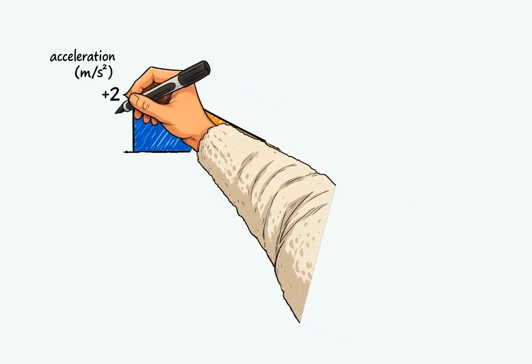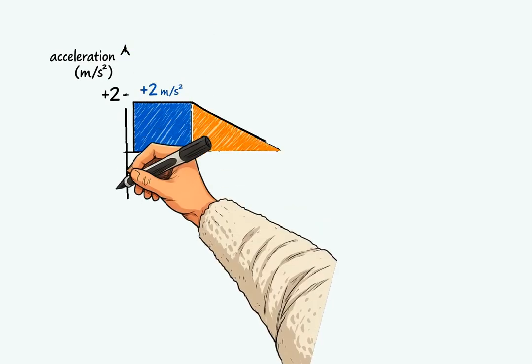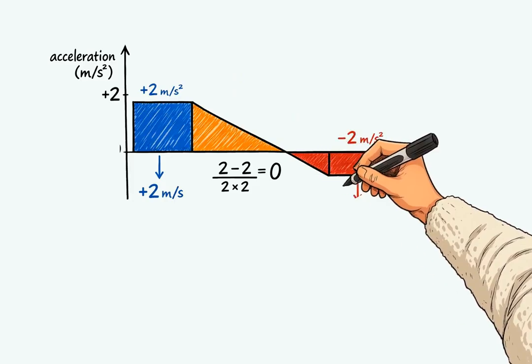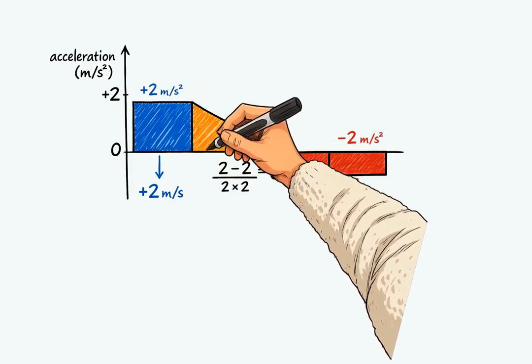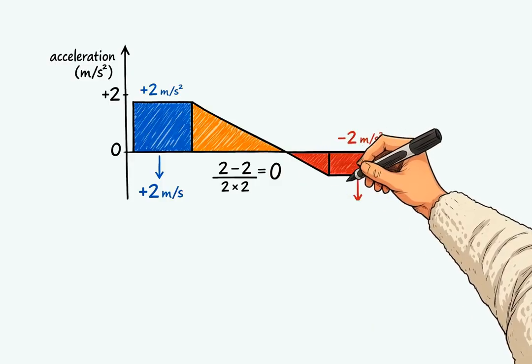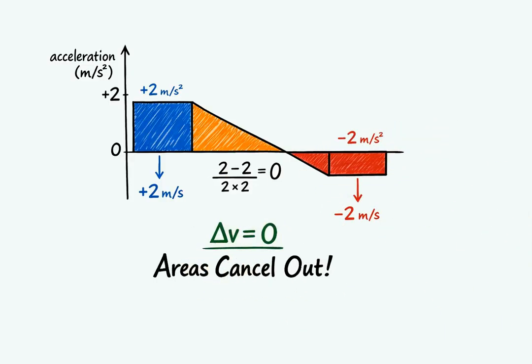If acceleration is plus 2 meters per second squared for 1 second, then decreases linearly to -2 meters per second squared over the next 2 seconds, then stays at -2 meters per second squared for 1 second, the change in velocity is the sum of areas. The first rectangle contributes plus 2 times 1 equals plus 2 meters per second.